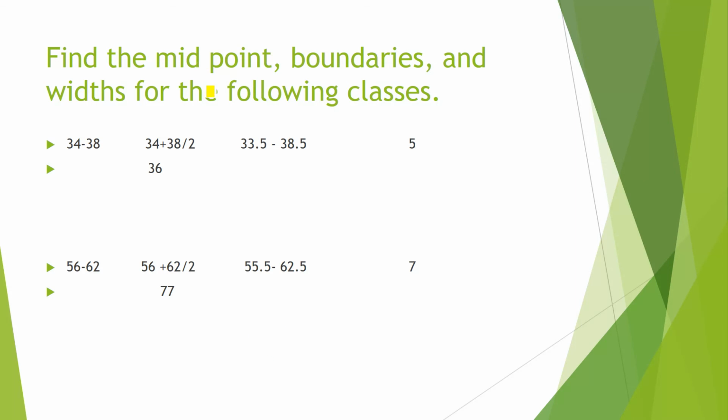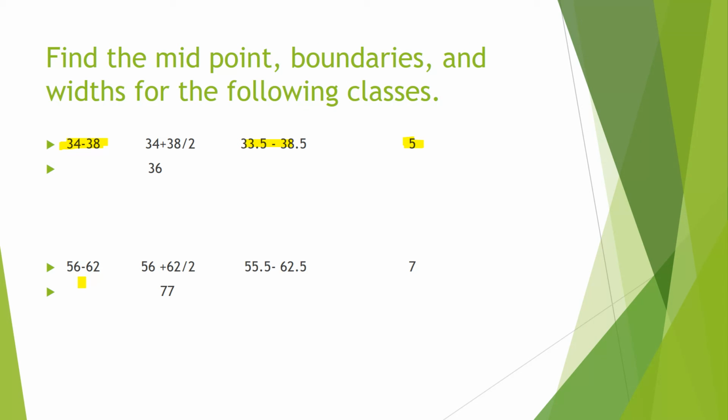And here you have to find the midpoint, boundaries, and width for the following classes. So the first class is, suppose, 34 to 38. So midpoint is 34 plus 38 divided by 2, which is equal to 36. And this is the boundary. You have to subtract 0.5 from the lower class limit and add 0.5 to the upper class limit. So this is 33.5 to 38.5, and the width is 5.